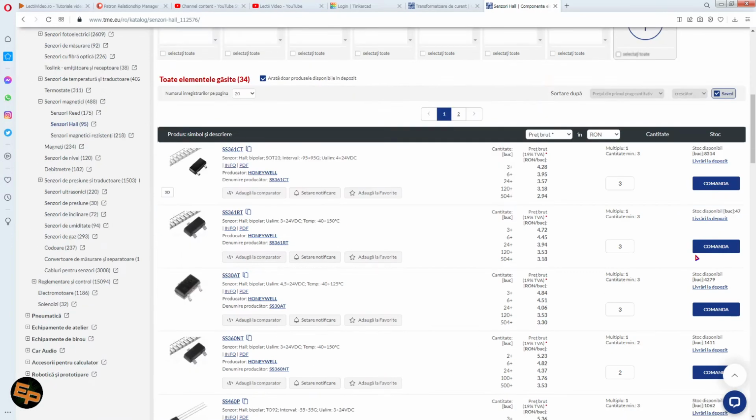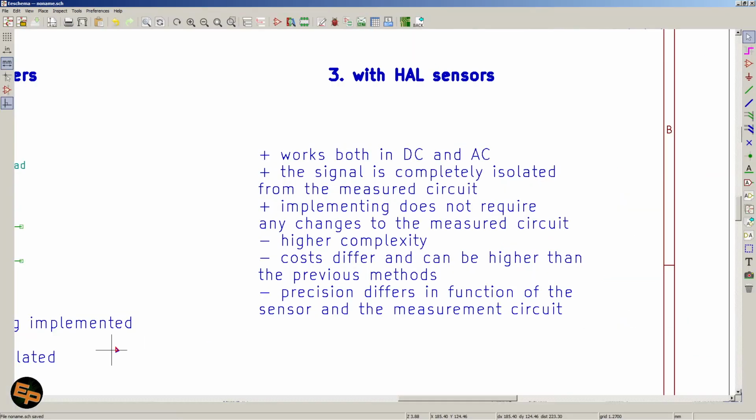Of course, each Hall sensor comes with its own set of parameters, and these parameters dictate the costs a lot. One of these parameters is at what maximum frequency that Hall sensor can work.